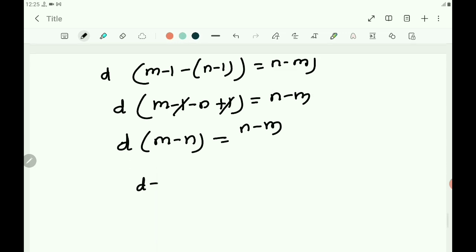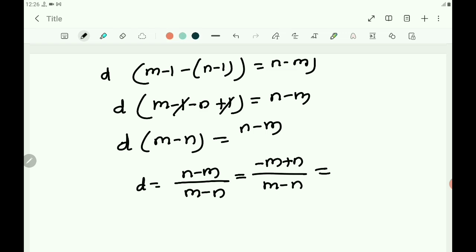Then d is equal to n minus m by m minus n. Here m minus n is there in the denominator, and here n minus m is there in the numerator. So in the denominator the first term is m, in the numerator the first term is n. To have the same first term, write minus m first, then plus n, equals m minus n.